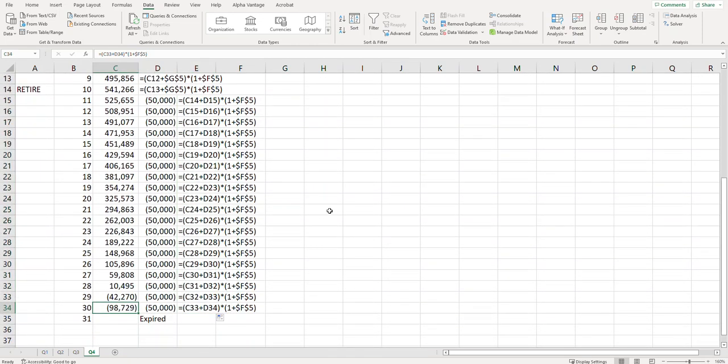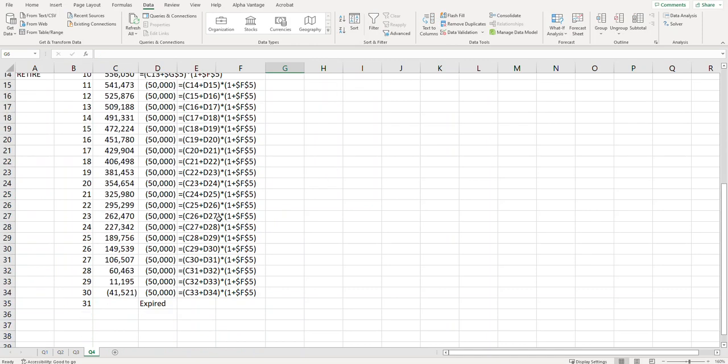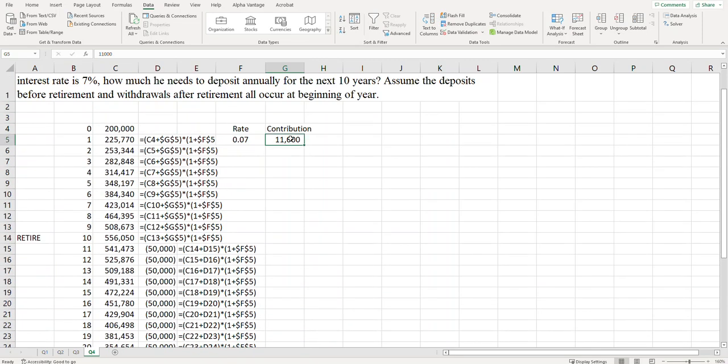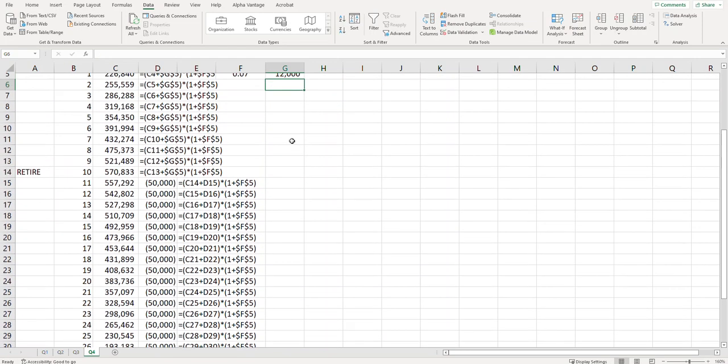So we're trying to end up with a zero balance there. We could just guess. So we could guess 11,000. See, well, still not enough money. We can guess 12,000. See, there's not money. So we could repeat this process over and over again.